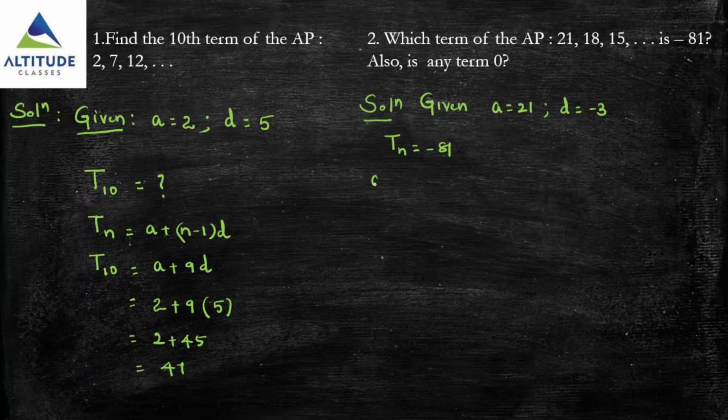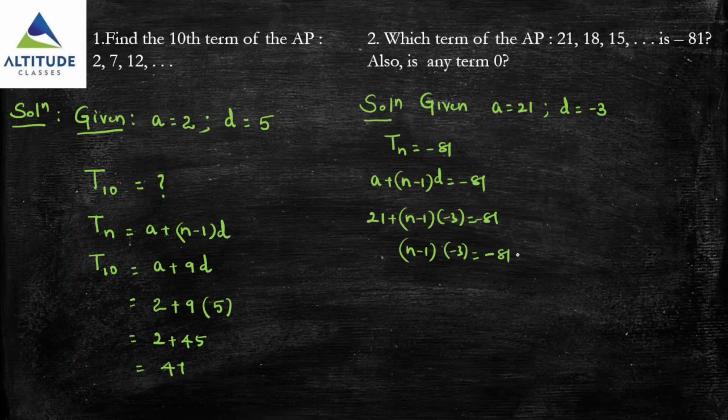Tn means a plus n minus 1 into d is minus 81. So a we know is 21, plus n minus 1 into d, which we know is minus 3, is equal to minus 81.